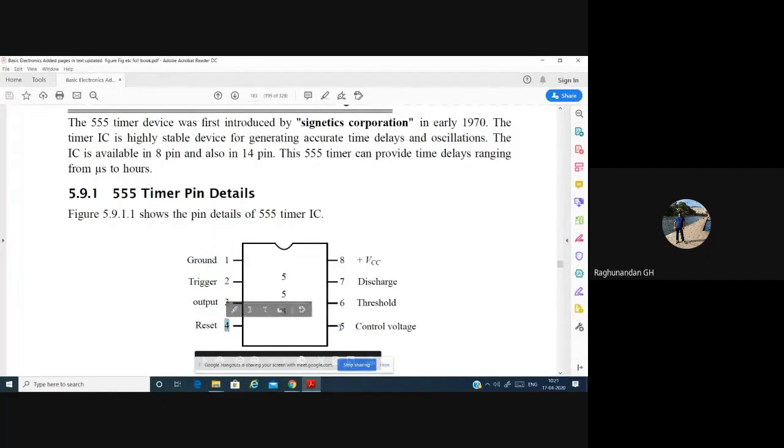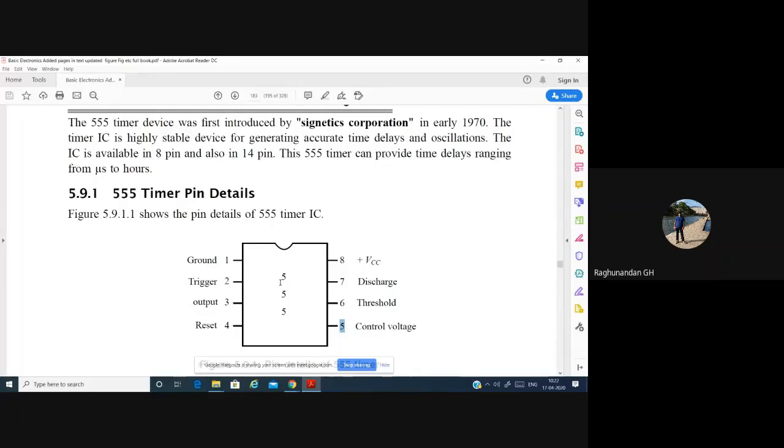Control voltage means the voltage you provide to different parts of the circuit used inside this. We'll study in detail in further topics. The threshold voltage: since it is going to produce a square wave, there should be some threshold to convert from positive to negative and negative to positive.